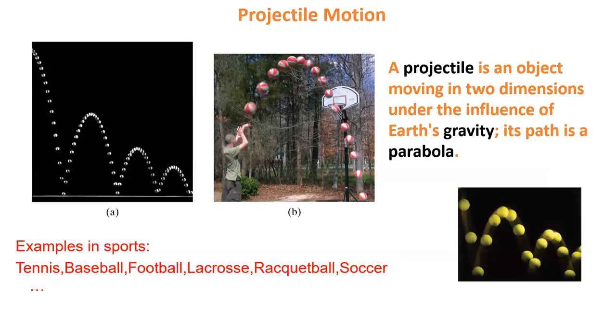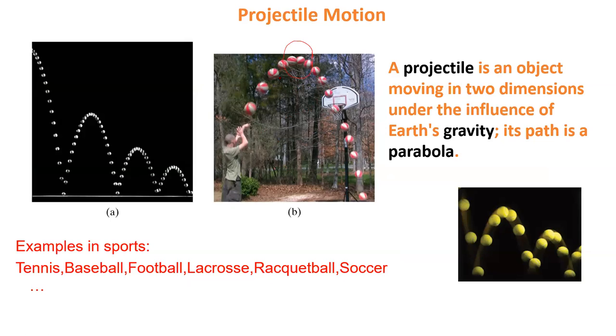Can you think why this one is turning at this point? Why does this ball not go up high forever? Or this is just another snapshot of a tennis ball, the path of the tennis ball. Why is this not going up forever?